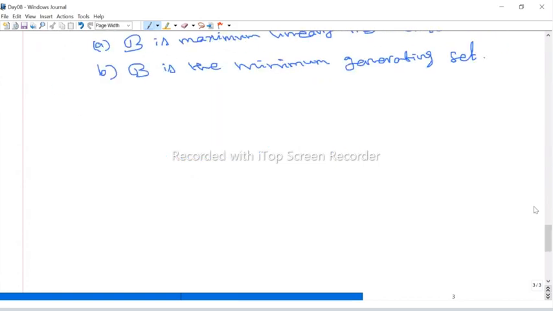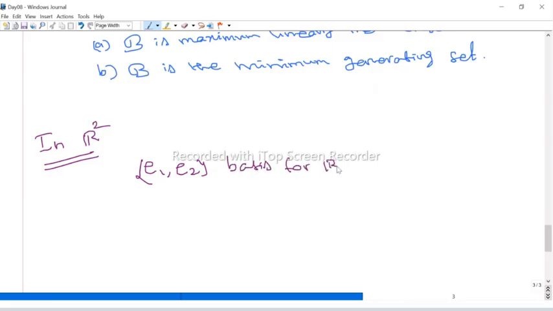Okay. For example, in R2, we already know that e1, e2 is the standard basis for R2. I am saying that this is the minimum generating set.